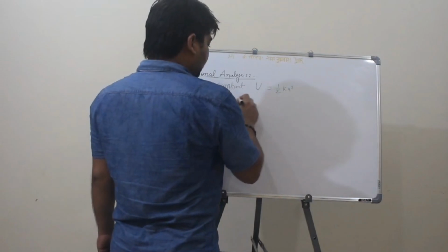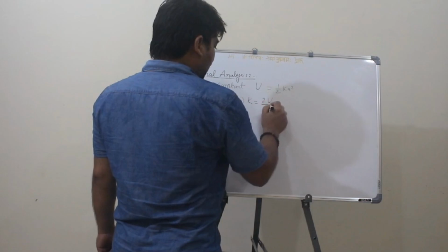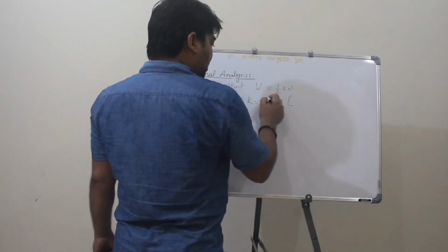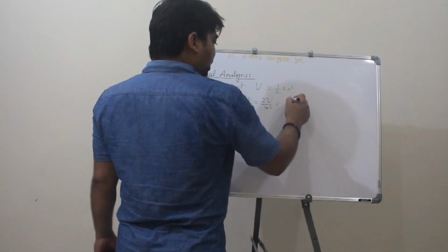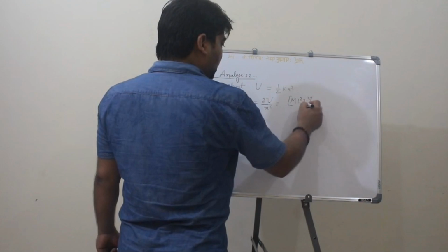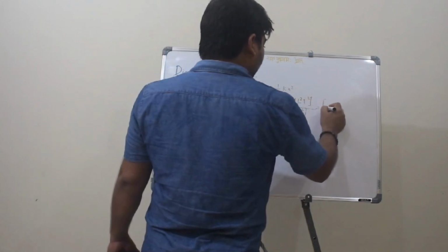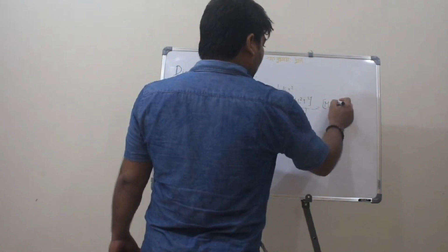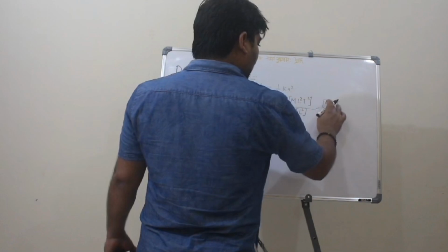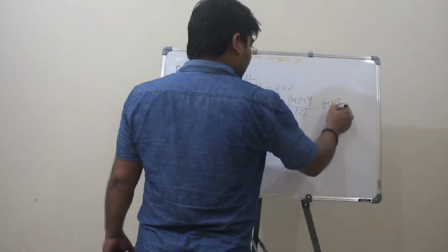So k is 2 times U divided by x square. Now 2 doesn't contribute anything in the dimension, but U has a dimension of M L square T to the power minus 2 and x square is L square, giving you a dimension of M T to the power minus 2.